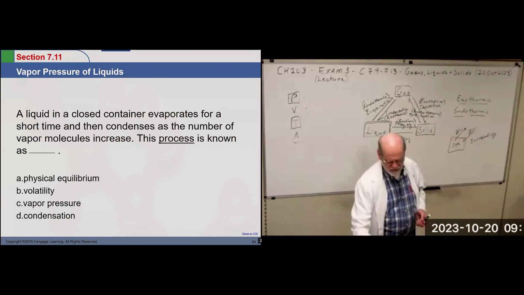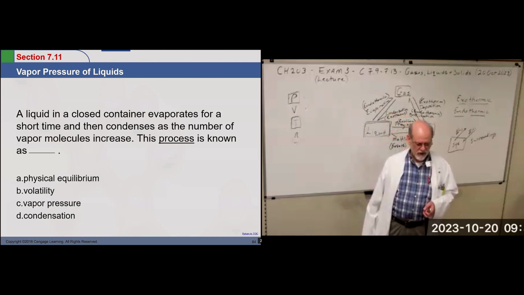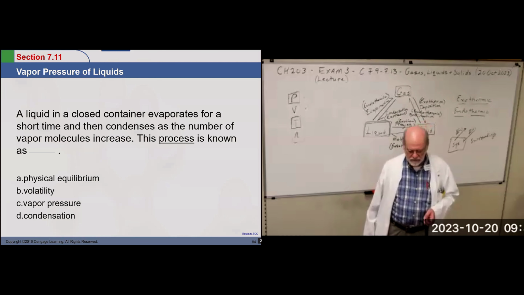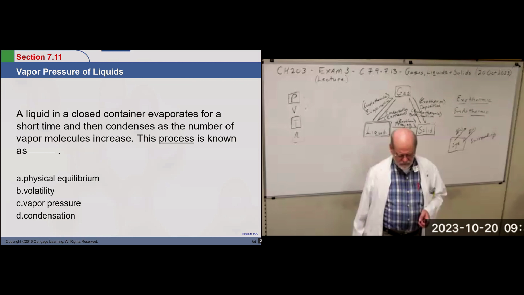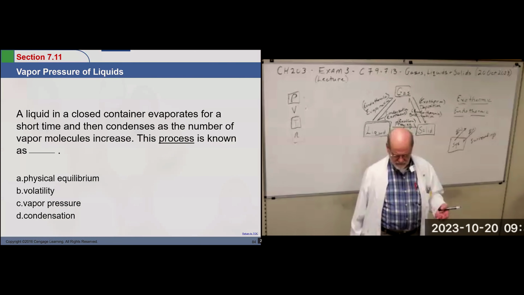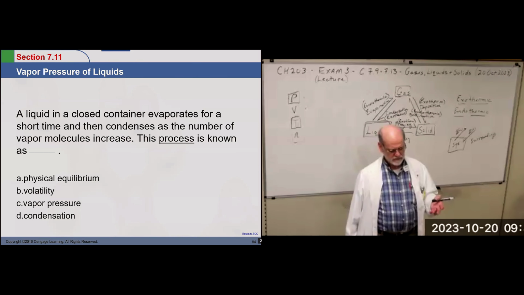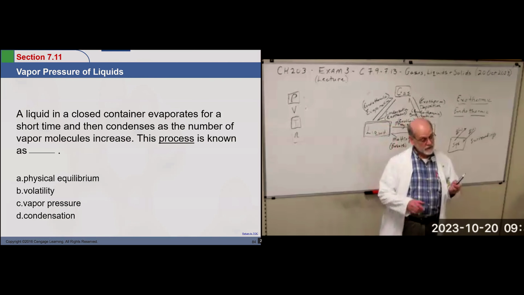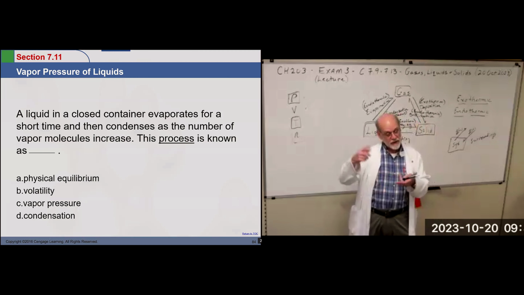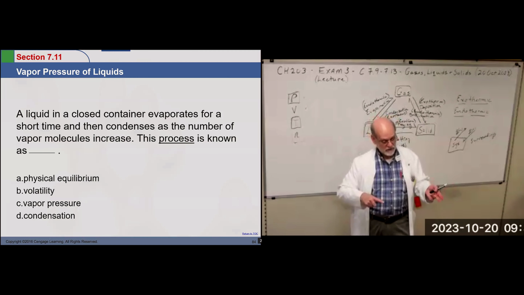A liquid in a closed container evaporates for a short time, then condenses as the number of vapor molecules increases. The process is known as, well, it's an equilibrium, because they're describing two processes, evaporation and condensation, both.